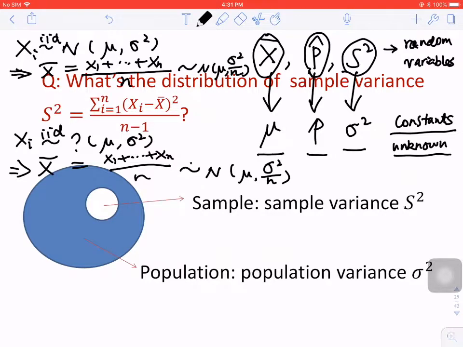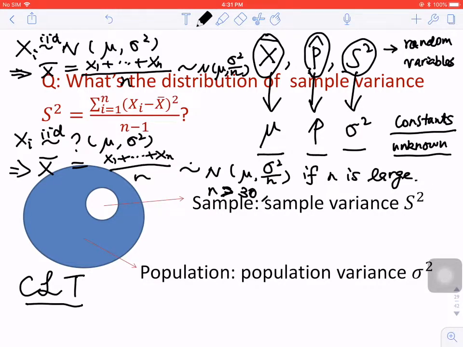We add a dot here, which means approximately follows the normal distribution, if the sample size n is large. So how large? In this class, if n is larger than 30, you can apply the above theorem. The above theorem is called the central limit theorem, CLT in short. It's very important, and everybody should know this.